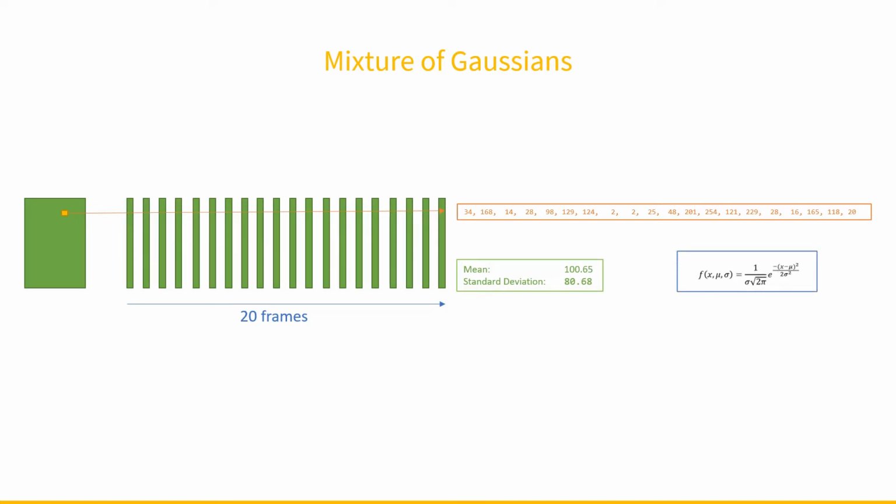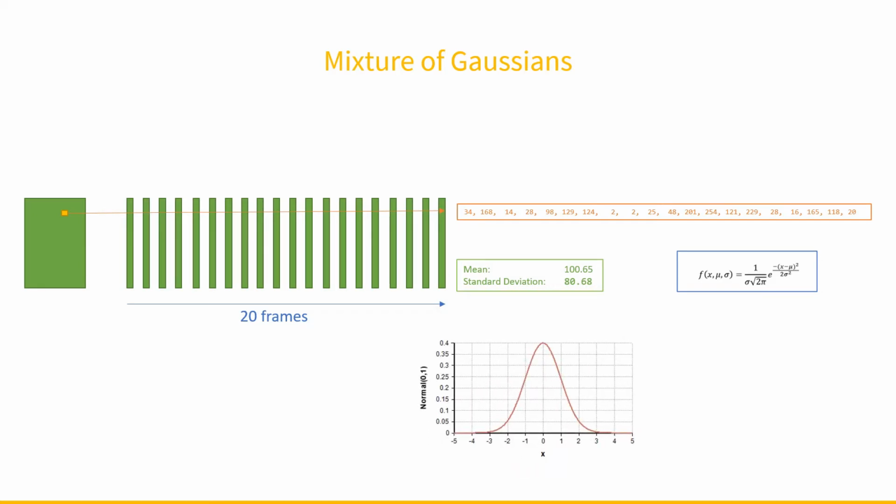Then we represent this data as a normal distribution. We call it a Gaussian distribution or normal distribution. A Gaussian distribution looks like this, where the mean is at the center and the standard deviation is the wideness of the curve. It's a bell curve. This graph represents a normal, and we can call it normal or Gaussian, both are the same.